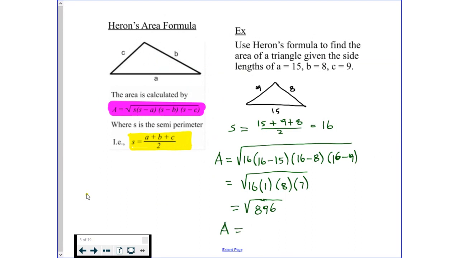So take the square root of that. So the square root of that is 29.9. Unit squared. So we don't have units, so unit squared. Whatever unit it is, it should be squared.